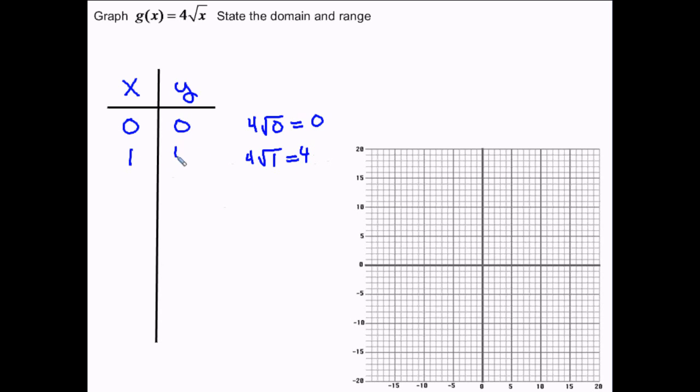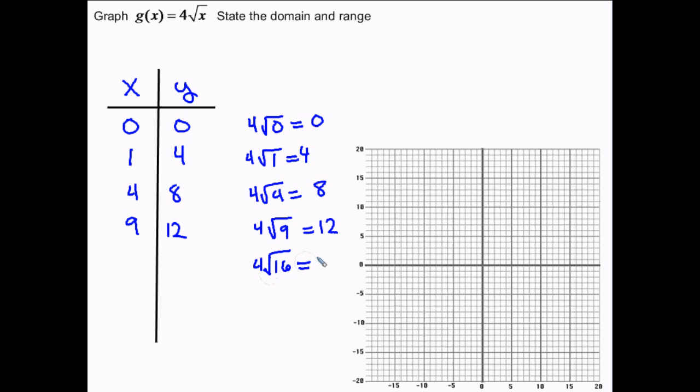That's not 1, that's 4. The next one is 4, so I have 4 times 2, which is 8. The next one I have is 9, so 4 times 3, which is 12. The next one I have is 16.